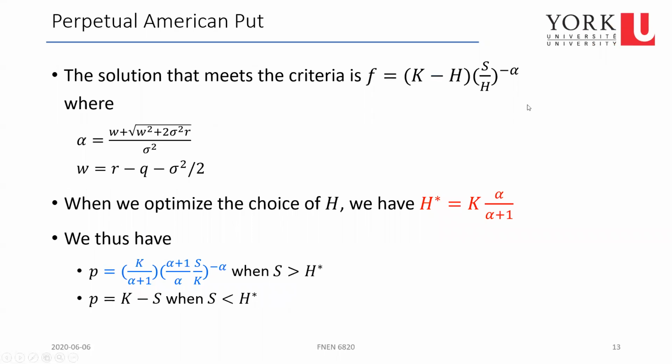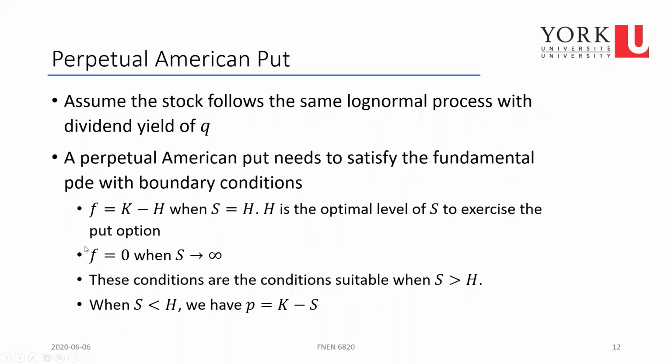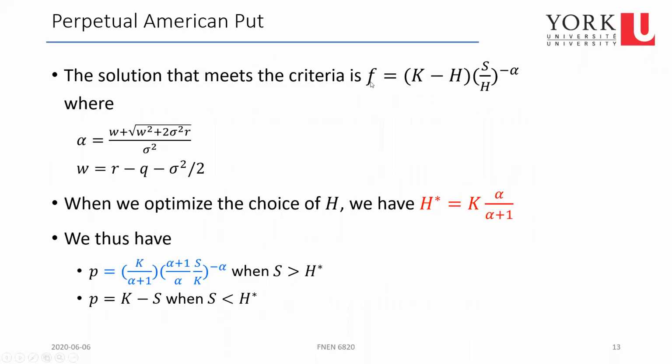For the partial differential equation we're talking about, which is the same partial differential equation but with a different boundary condition here, this solution satisfies the PDE and also the boundary condition, where alpha takes this term and W takes this particular term as well.